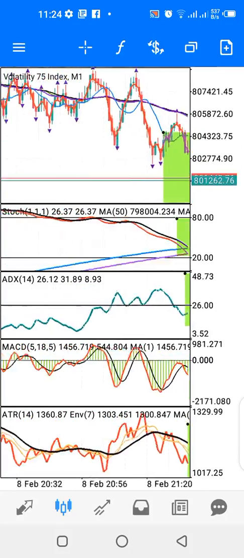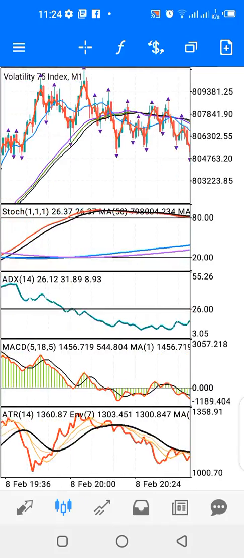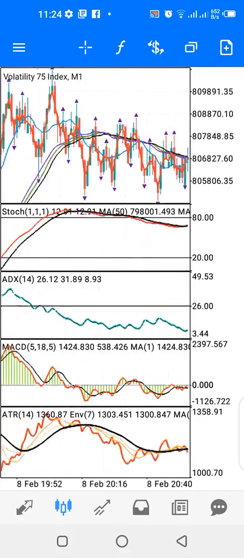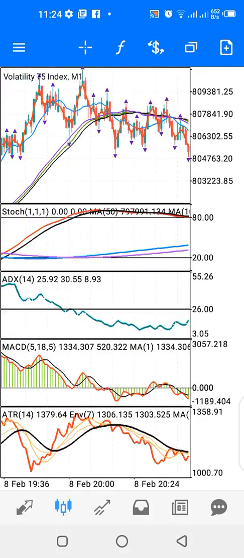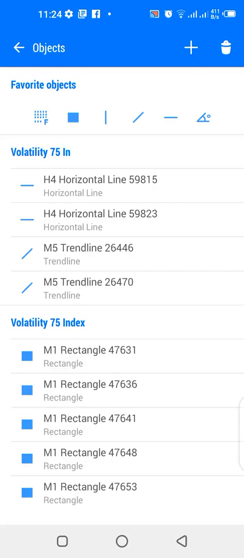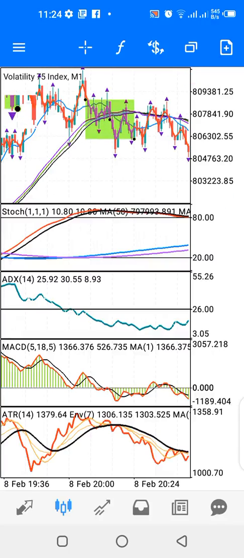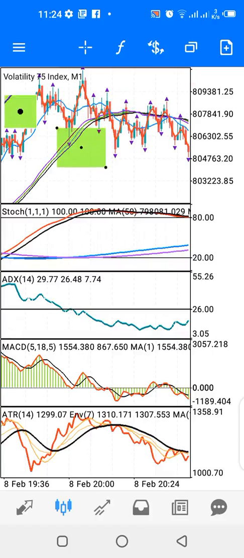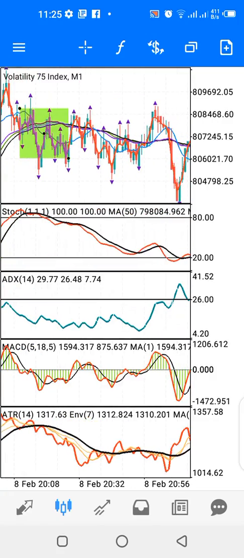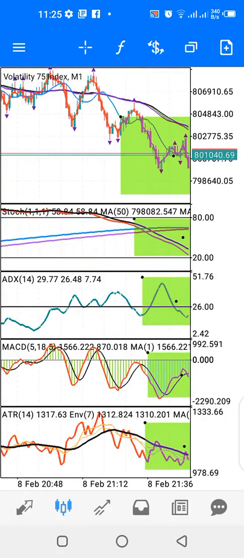Now, how does the strategy work? On the main window, when the red and the blue lines cross down on the green, black and purple lines, you have your sell, like what we have here.